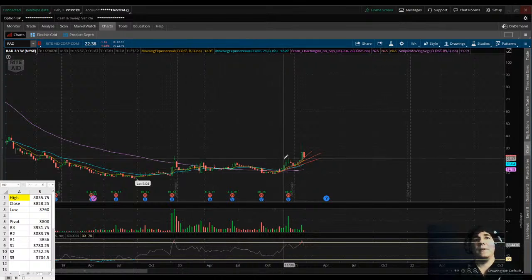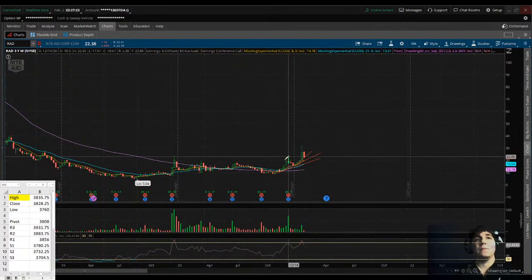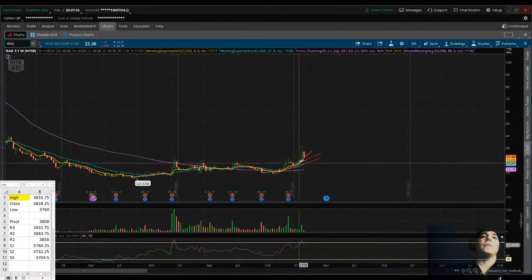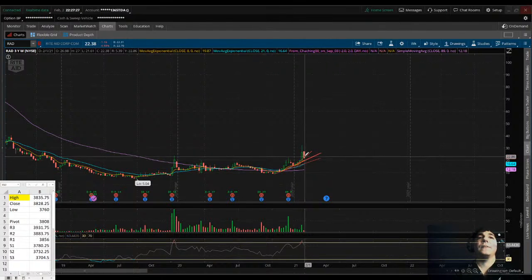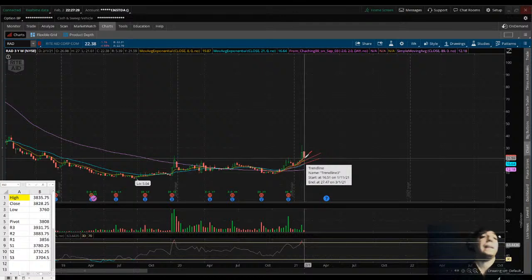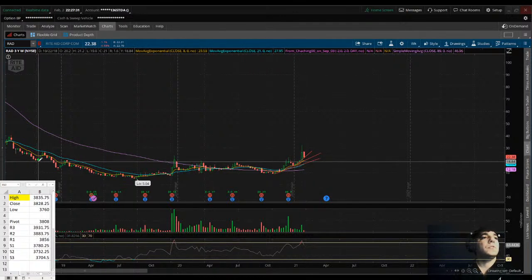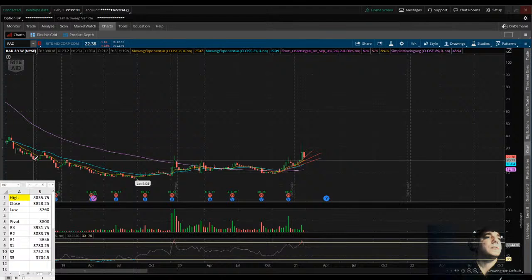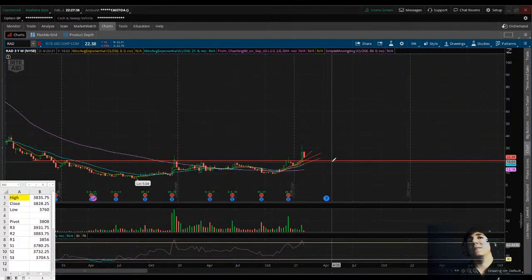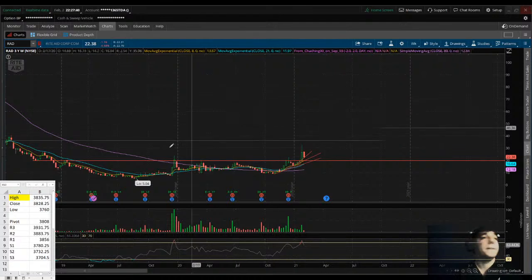So when you get up here, look, same thing, played a role right here. Now the cool thing is it gapped up and over here, and then now it went down to the trend line and held. So what I would do is I would be long up and above this line right here.